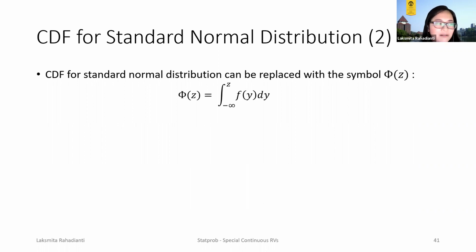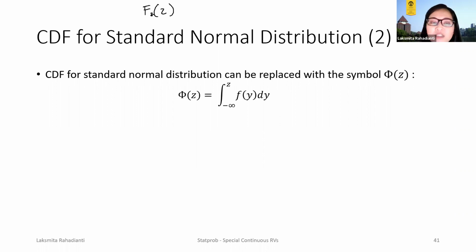Is that the theta? Does anyone? So the CDF for a standard normal distribution. CDF means the probability of my random variable having a value up to a certain number. So the CDF of, for example, 2, that means what's the probability that my random variable has a value up to 2.